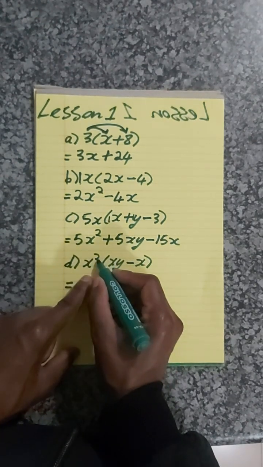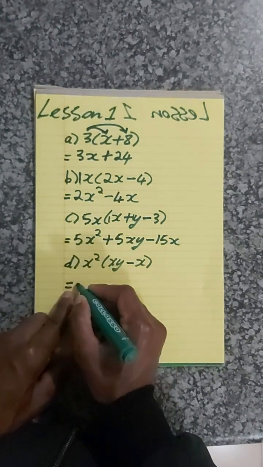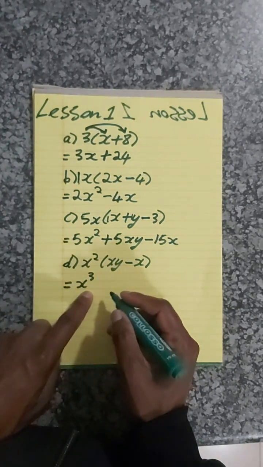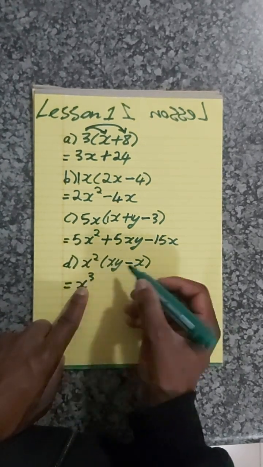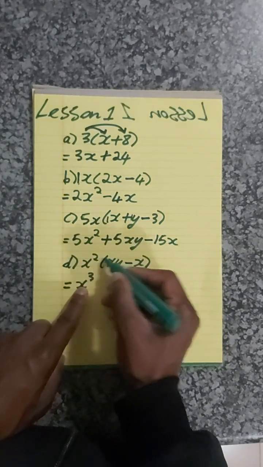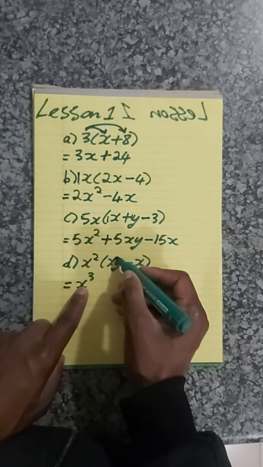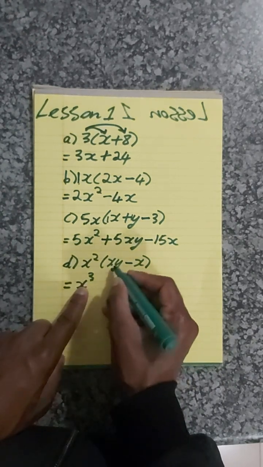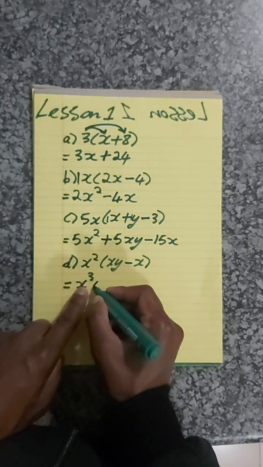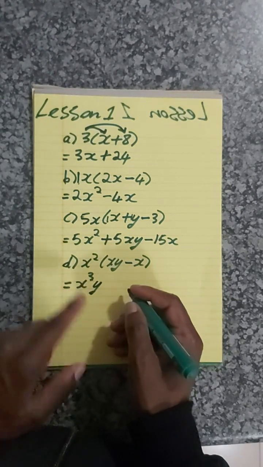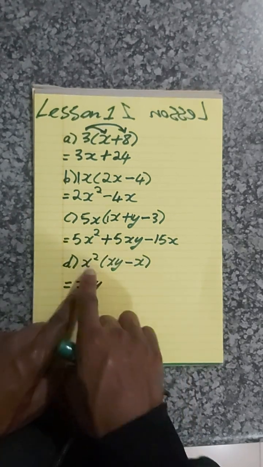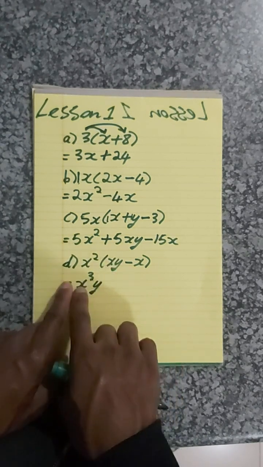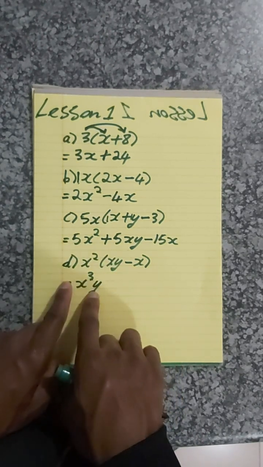When I say x squared multiplied by x, I should get x cubed, or x to the power of 3. Why is it x to the power of 3? It's because this 2 added with the 1 that is here gives us a 3. Then this y will continue to be here because it's not being affected. So x squared multiplied by xy is x cubed y.